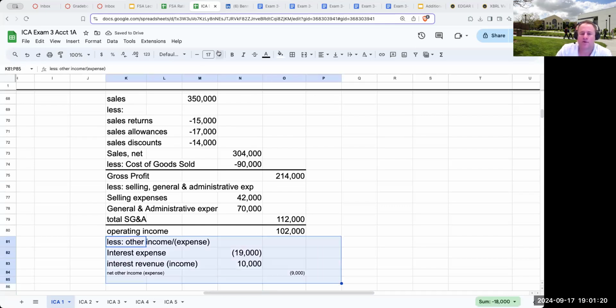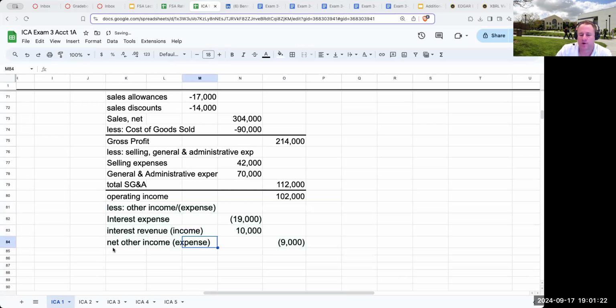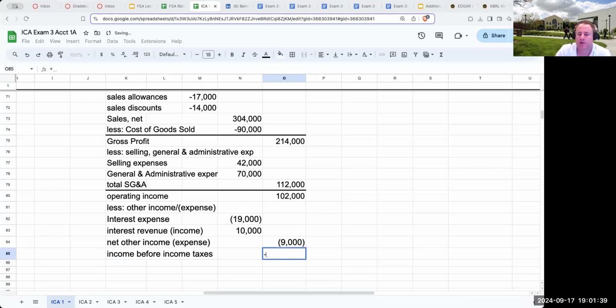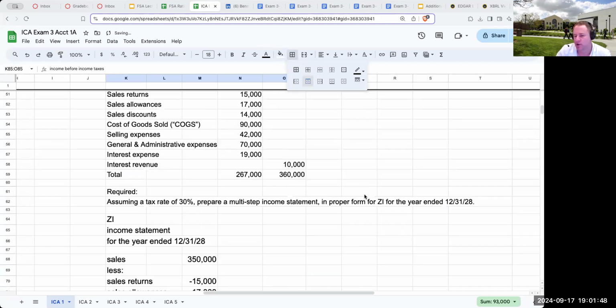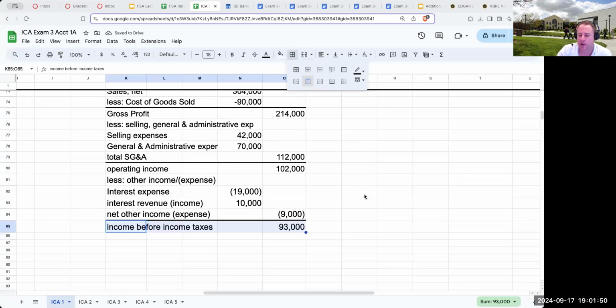Okay. So now I've got my net other income expense. So my income before income taxes is going to be 102 minus the 9,000, or 93. Now, I'm going to show you a little trick that we want to use to make sure we're doing these questions correctly.